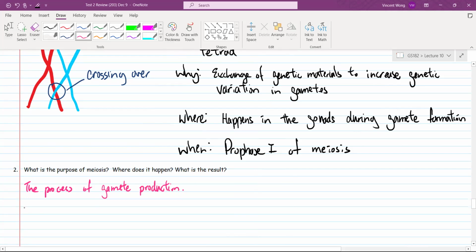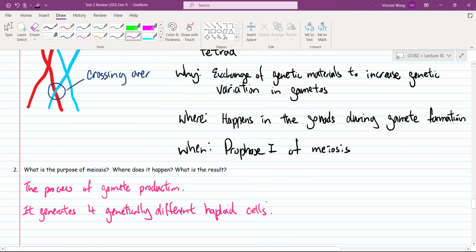Okay. It generates four daughters, four genetically different haploid cells.